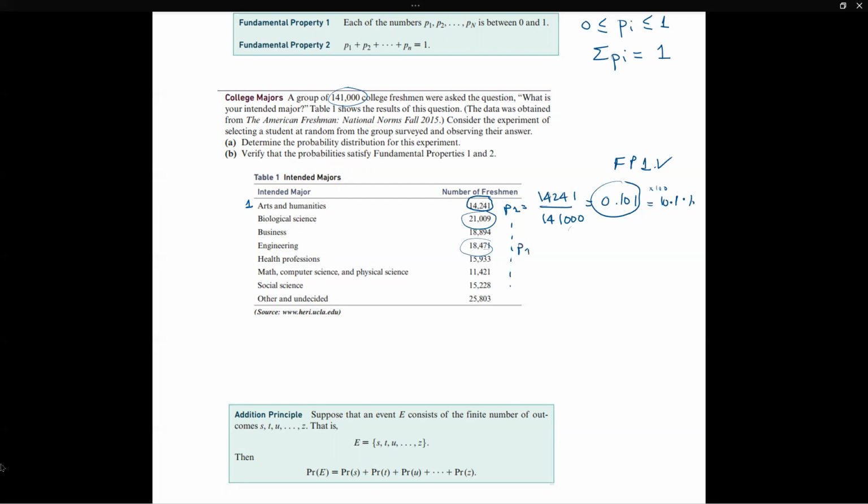So this is P4, 18,471 over 141,000, and all right. So we get 0.131. That means 13.1% intend to major in engineering. Then you will add these numbers down. All the numbers you get, you'll add them down. You should get 1. And the second property is satisfied.